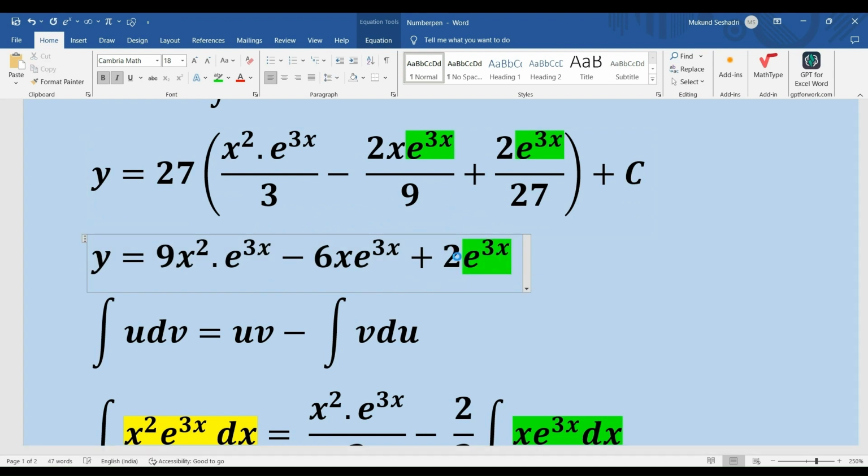Plus c, right? So this is what we get. My y equals 9 times x square into e to the power 3x minus 6x into e to the power 3x plus 2 into e to the power 3x plus c, right?